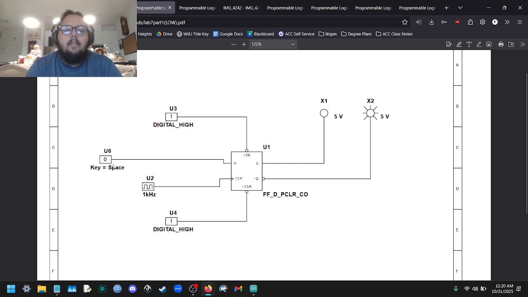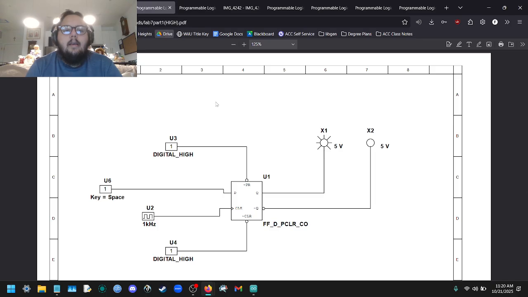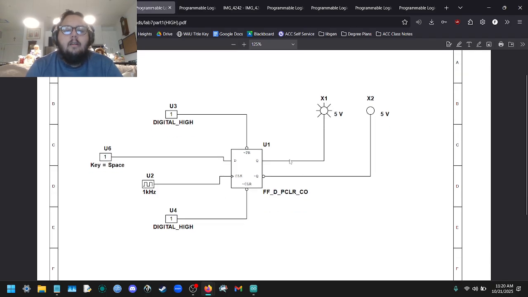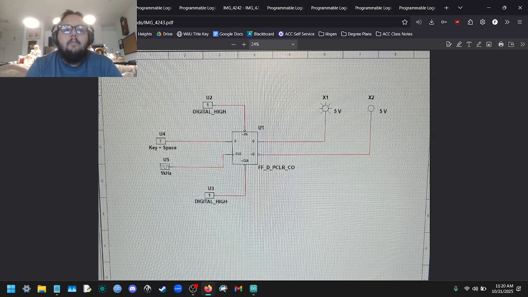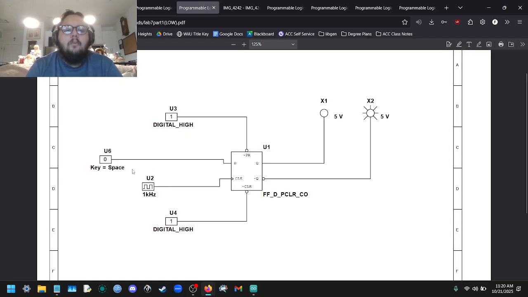Again, when the input D was held high, the LED would come on, and when the input is held low at 0, the regular Q output would be 0, but the inverse Q output would be high, therefore that LED would turn on.